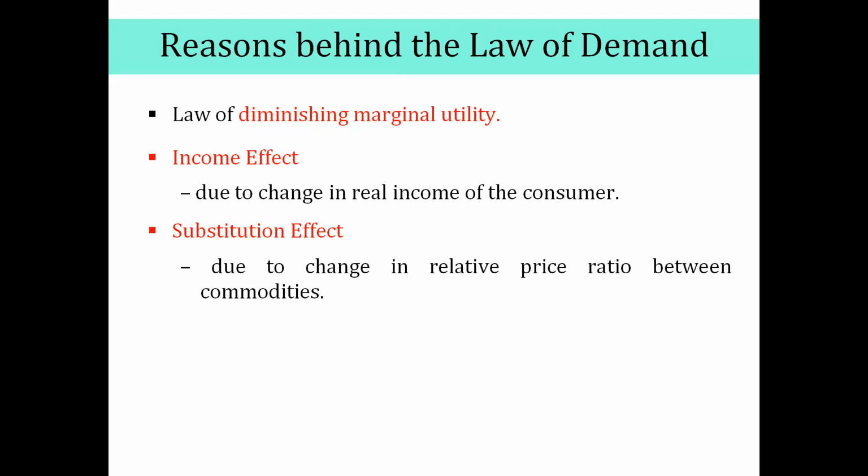When the price of tea remains constant and the price of coffee increases, coffee will become relatively more costly than tea. As a result, people will demand less coffee and more tea. So this is the substitution effect, and because of these three reasons, we can see an inverse relationship between price of a commodity and quantity demanded of it.